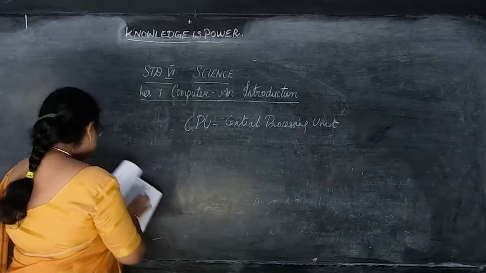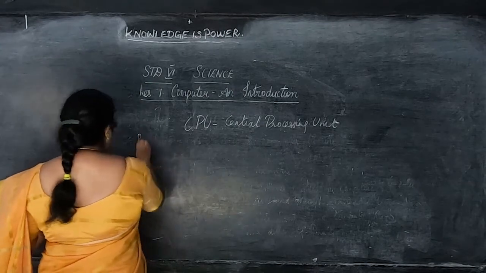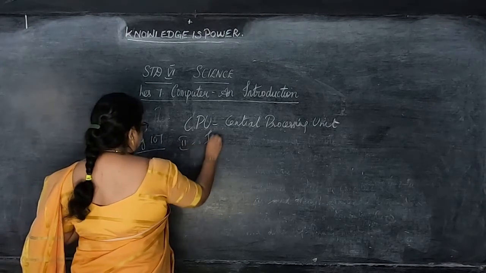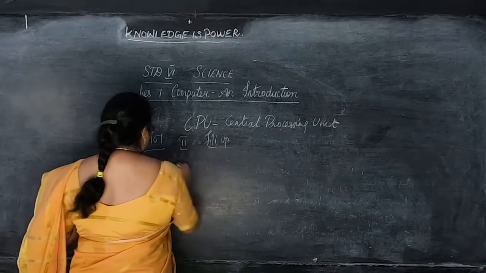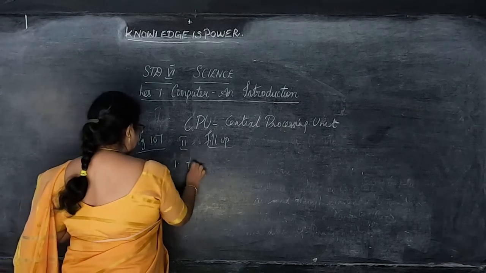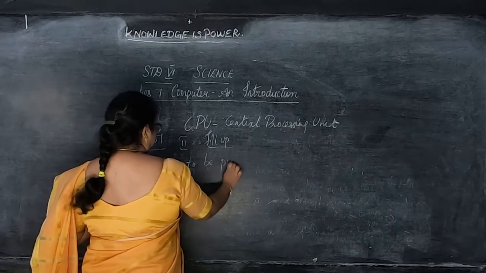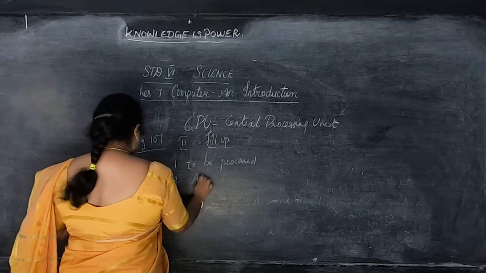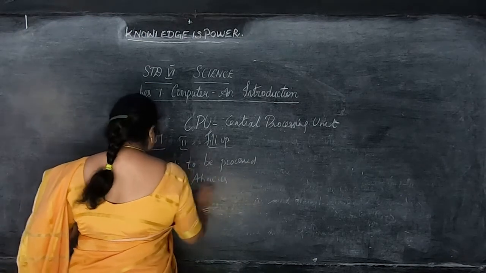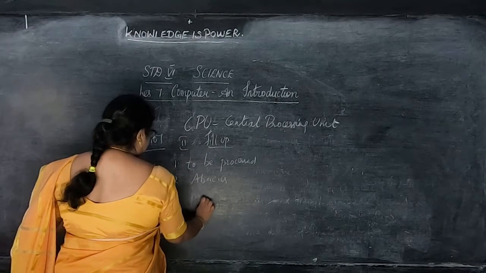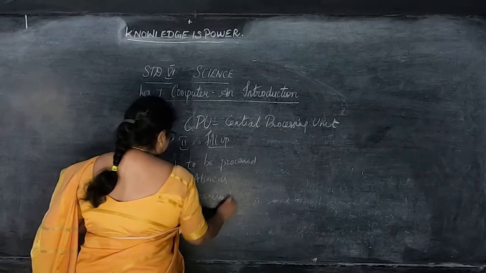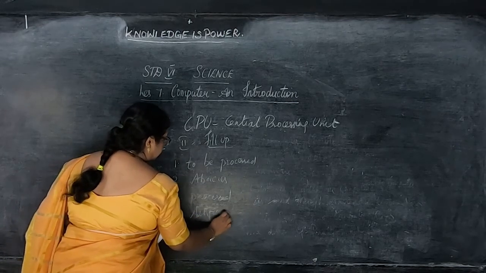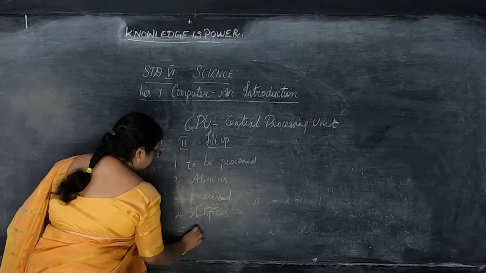Okay, children, I'll write the answers there. Page number 107, Roman number 2, fill up. Those who have the book, you can take down the answers. Take down in your book: processed, artificial, and analog computer.